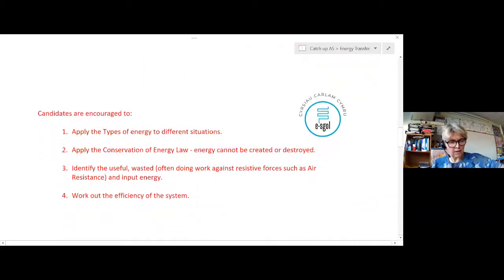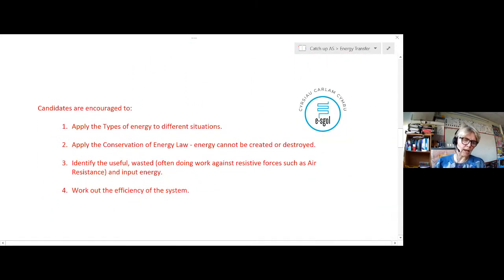Candidates really are encouraged to apply the types of energy to different situations. So it's a very fluid thing. You're expected to apply the conservation of energy law, being able to change one energy into another. And if it's not exactly what you expect it to be, then maybe it's turned into other forms because it's had to do work against, say, resistive forces.